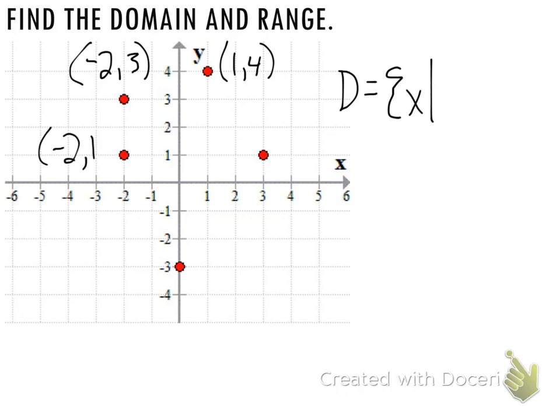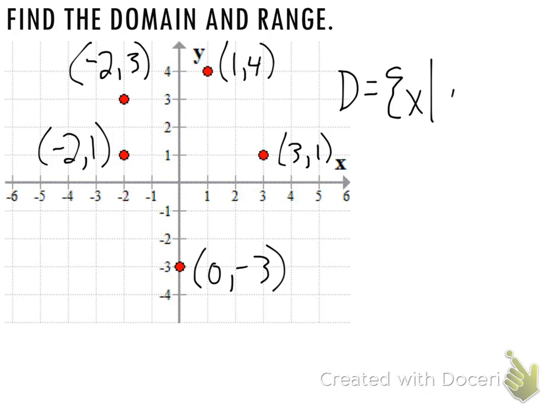Negative 2, comma 1. This one here? 3, 1. And this one here? 0, negative 3. So, how many x values do I have total? 5, right? Well, 4, because one of them repeats, right?